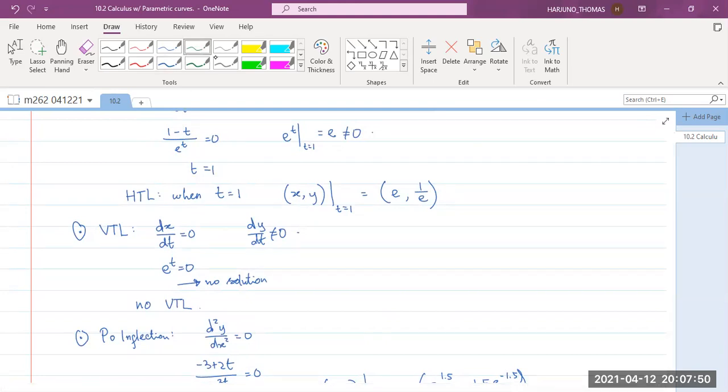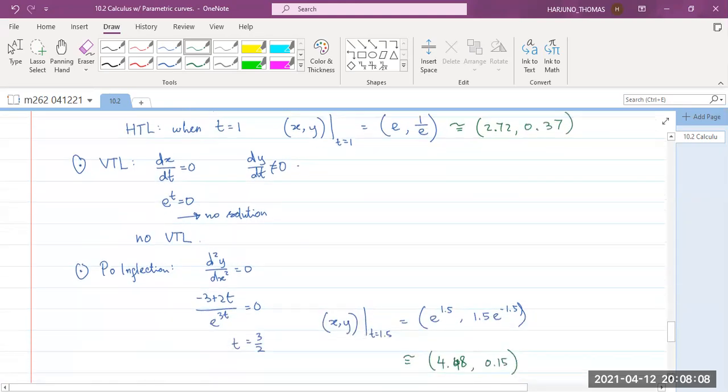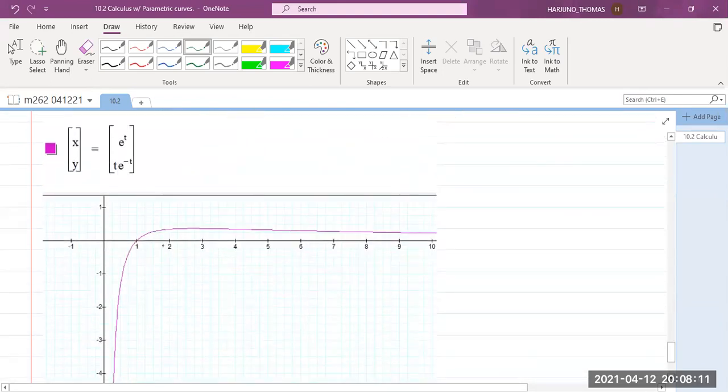That's approximately in decimal 2.72, and 1 over that is 0.37. If I round it to 2 decimal places, 2.72 approximately here. You see that? That's e comma 1 over e.